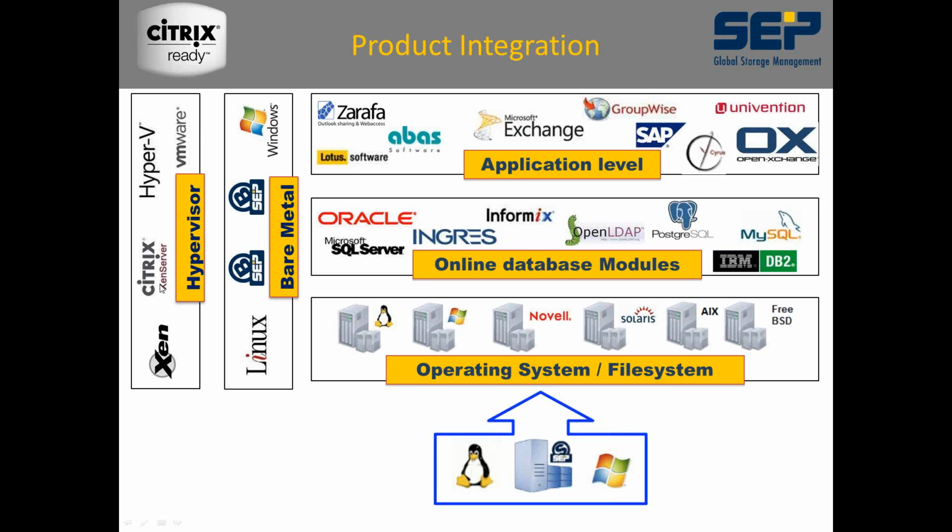So all major hypervisors here, which the three huge ones obviously are VMware, Citrix XenServer, Hyper-V, Xen open source. Almost everything else is actually based off of this. And then as far as bare metal goes, we do bare metal backups and restores for Windows and Linux environments. So if you have needs for those, we will talk a little bit more about that and how that works here a little bit later in the slides.